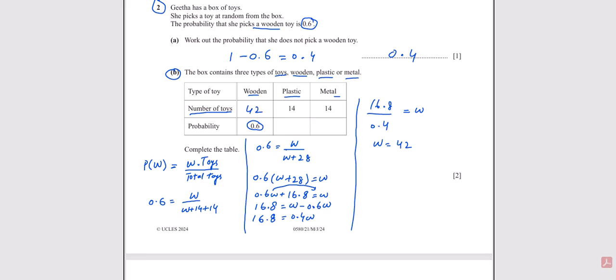Now we need to find the probability of plastic and metal. Probability of plastic is equal to number of plastic, 14, divided by total. The total is 42. If we divide these values, we get 0.2. And now find the probability of metal.